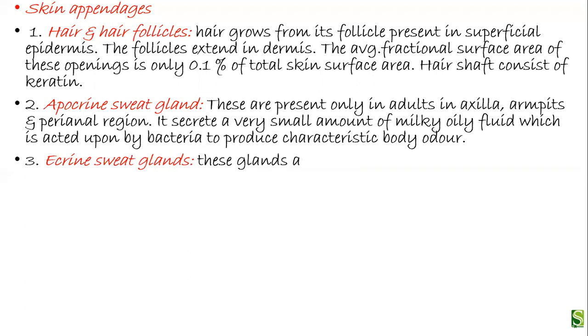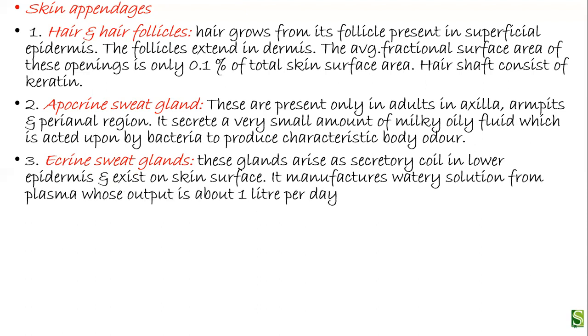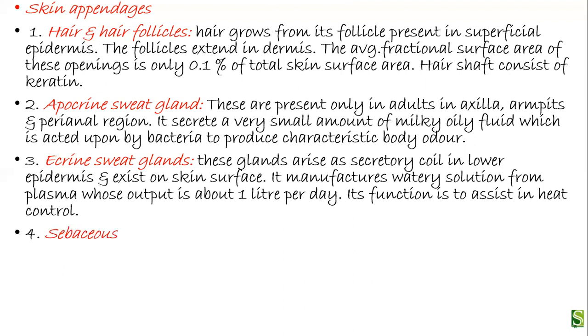Then there is the eccrine sweat gland. These glands arise as a secretory coil in the lower epidermis, and open on the skin surface. It manufactures a watery solution from plasma whose output is about 1 liter per day. It functions to assist in heat control.